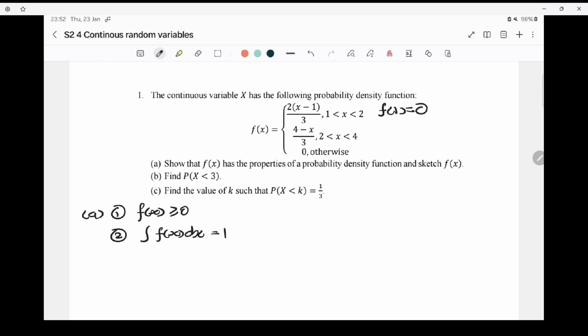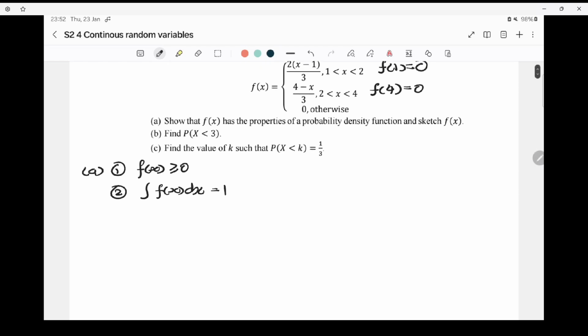In this case, you are sure that the first portion of the equation is non-negative. Then you look at the second portion of the equation. When your x is 4, this is also 0. So this means that your function is non-negative. That's how you show the first point.